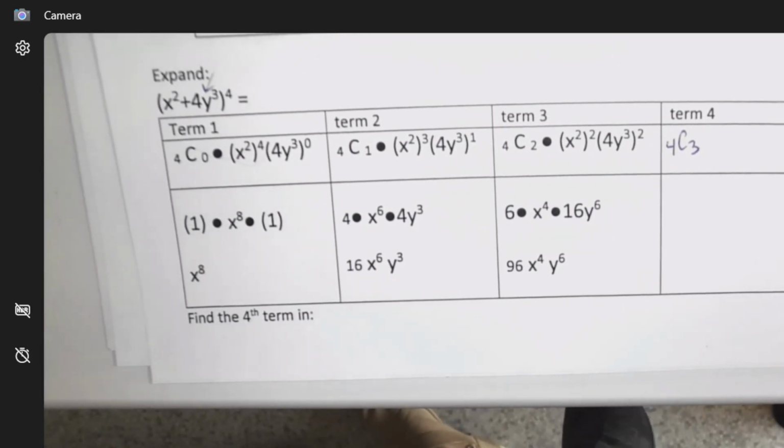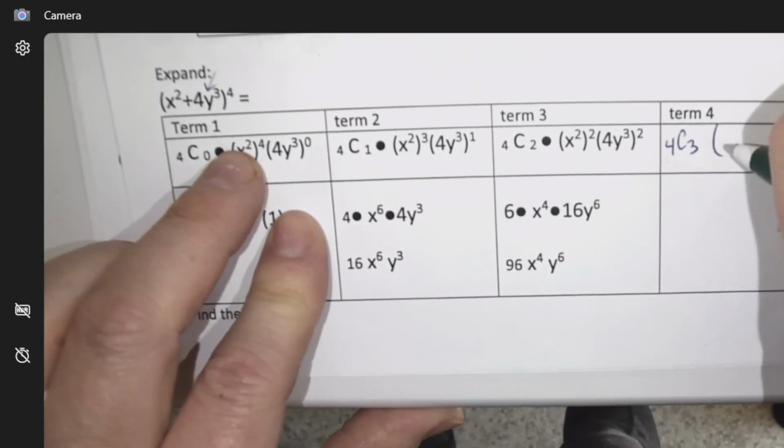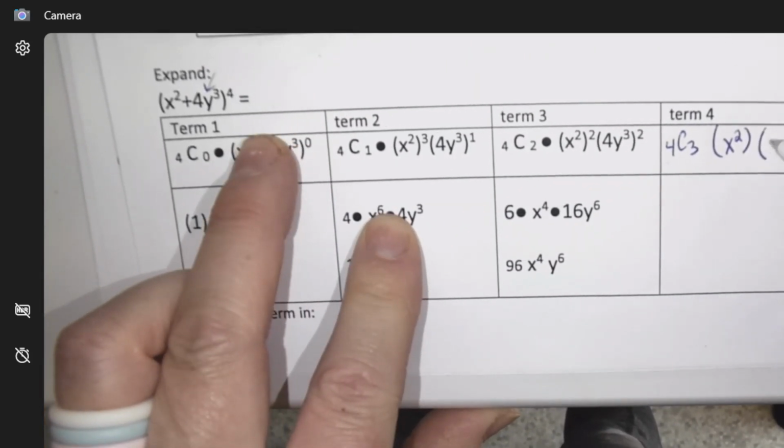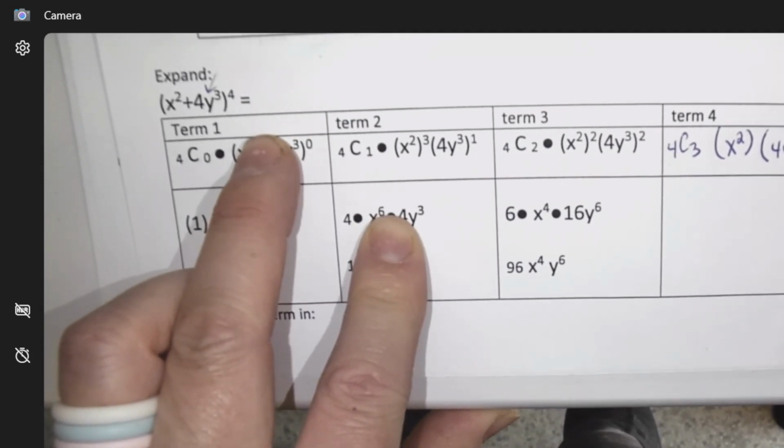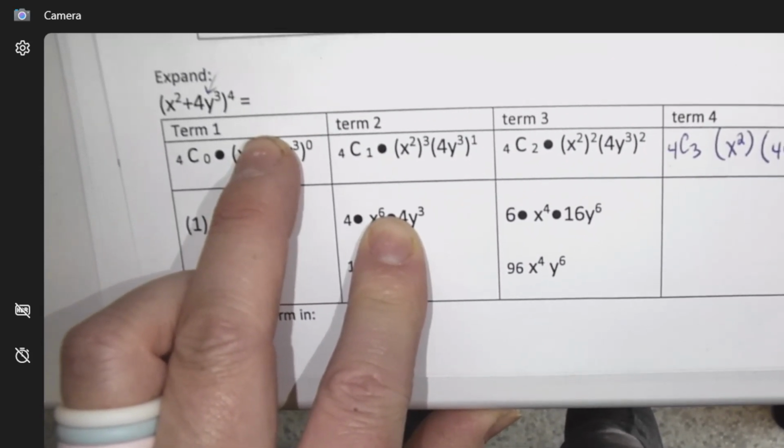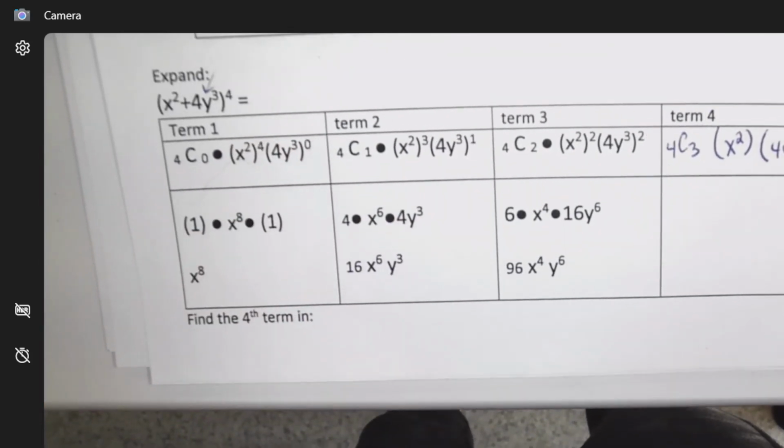I always write both items. So there's an x squared item and a 4y cubed item. Those are the two items.